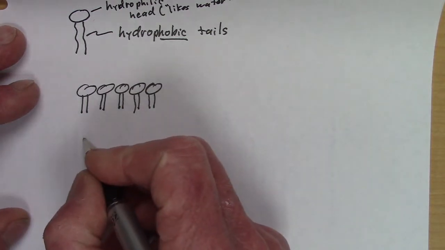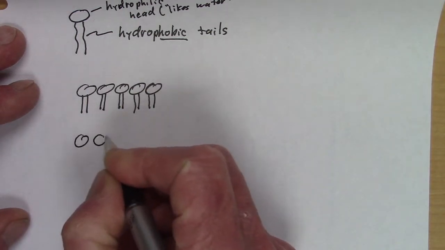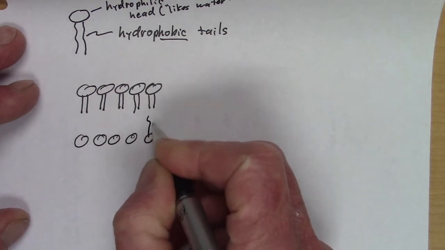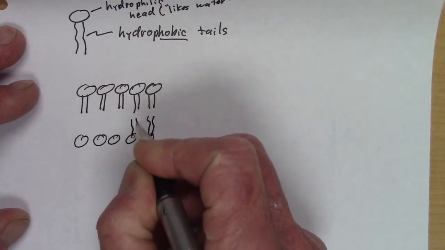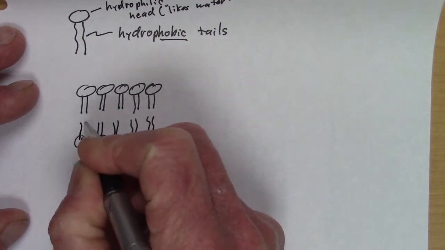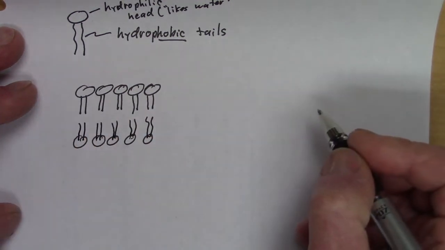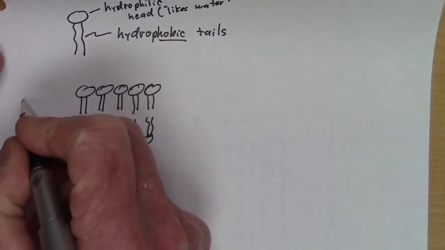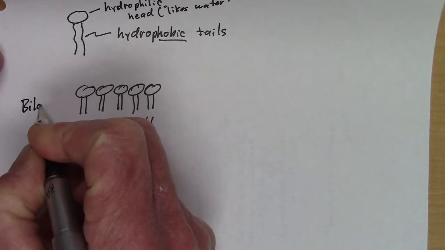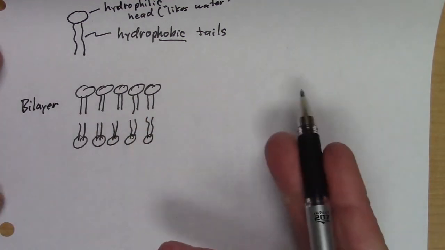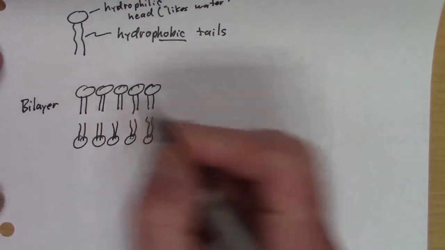And there's another row of them that forms, and their tails sort of point toward the other tails, without getting carried away with the artwork. So you wind up having a bilayer. And this is referred to as either a lipid bilayer or a phospholipid bilayer.